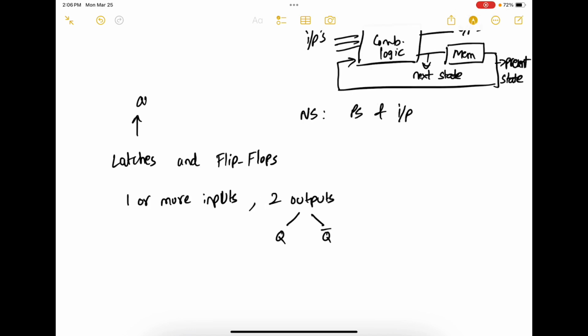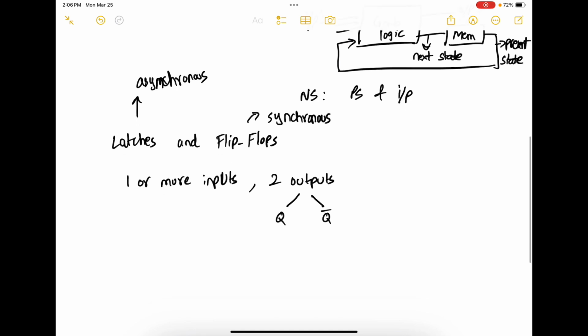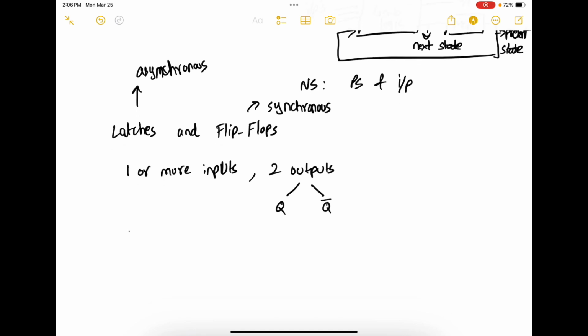Latches are asynchronous memory components. Flip-flops are synchronous memory components. We are going to talk about asynchronous and synchronous in the next few classes. So in both latches and flip-flops, inputs have the capability to change the state of the memory.